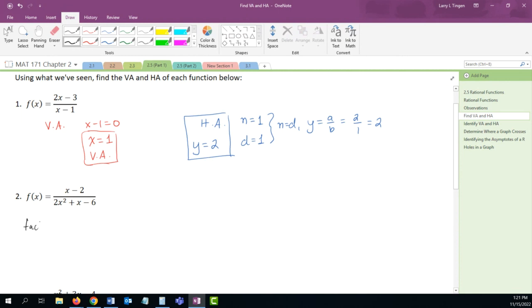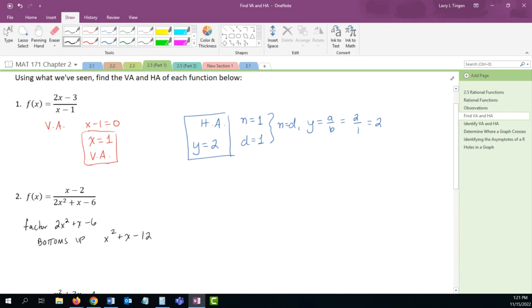So we're going to attempt to factor 2x squared plus x minus 6. So bottoms up says just pretend like this is x squared plus x minus 12.